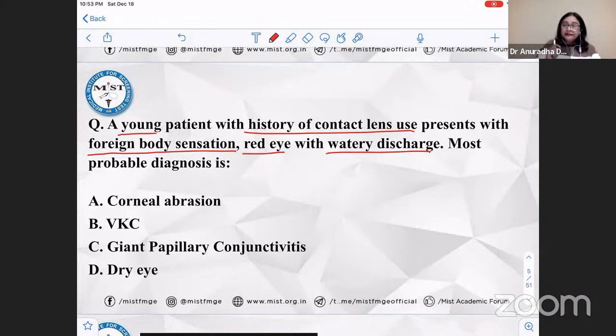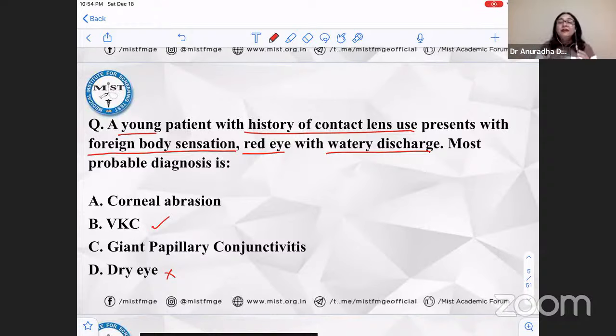But what are the other symptoms associated which are given here? Red eye with watery discharge. Now, in dry eye, usually we will not see red eye with watery discharge. The patient will have rather dryness of the eye. Then VKC, vernal keratoconjunctivitis: here they are talking about a young patient with contact lens use.